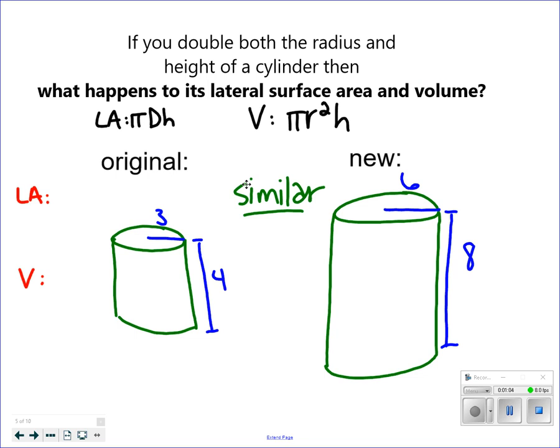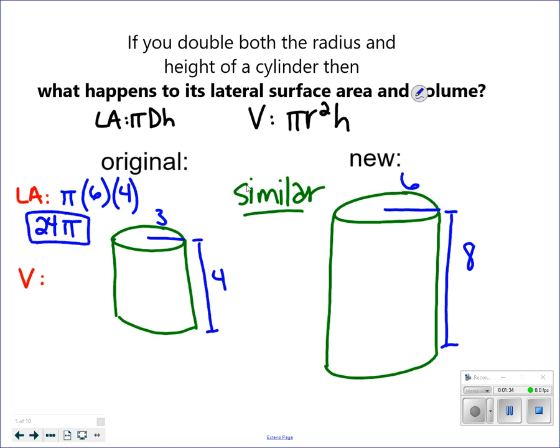Okay, so let's use our formulas to find the lateral area of the original and the volume of the original, and we'll compare it to the new one. So for lateral area, we have pi times diameter, which is 6 in this case, times the height, 4, which will give us a lateral area of 24 pi square units.